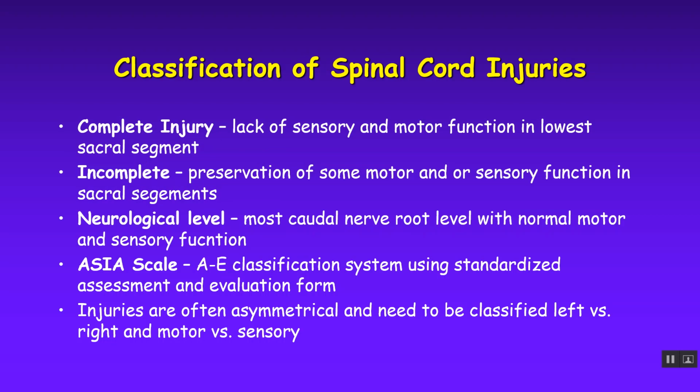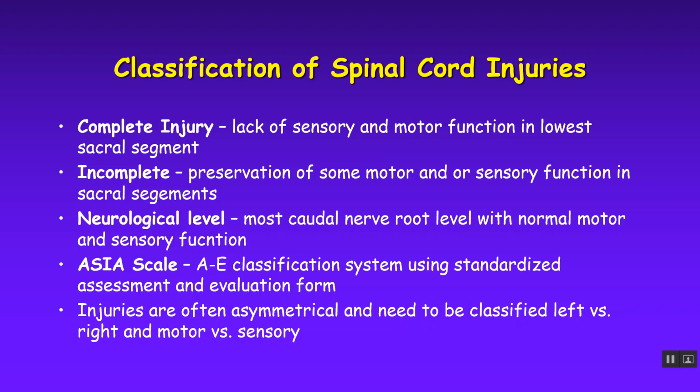So classification of injuries, we have different classifications. Complete injury, that's when you get lack of sensory and motor functions, and that has to include also the lowest sacral segment. So when you damage the spinal cord, everything below the level of the lesion, including the lowest sacral segments, is involved.